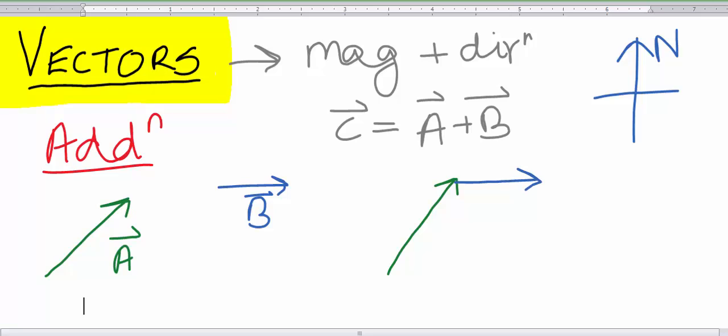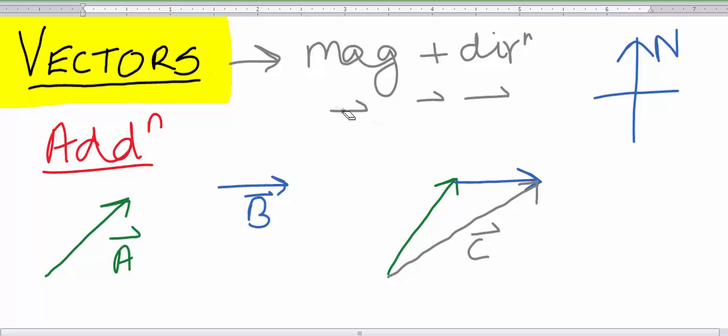And now you need to simply join the tail of the first vector to the head of the last one and direct it to the head of the second vector, like this. So now this one is C vector, that is the sum of A and B vector. Okay, we are done with addition then.